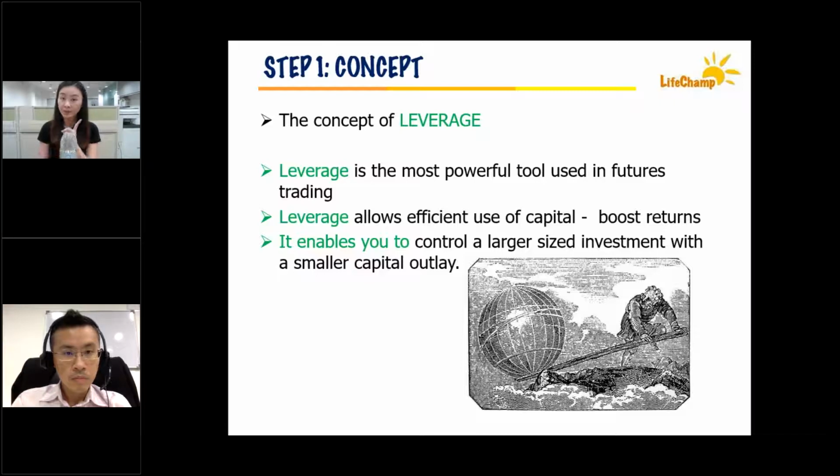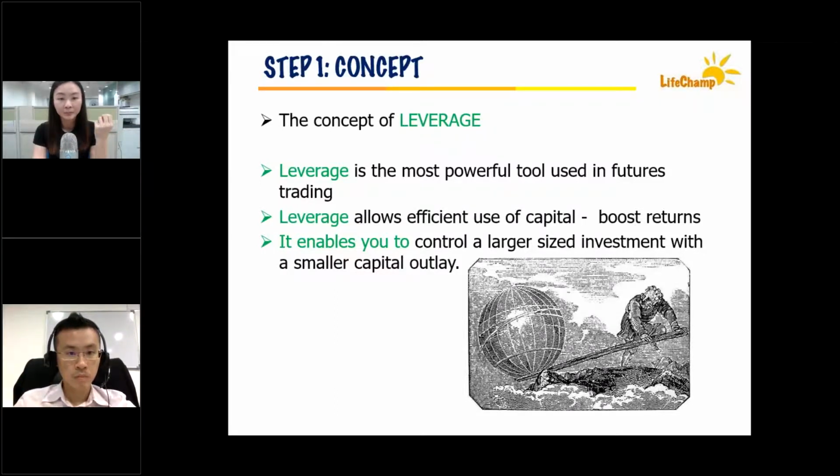I only pay 1 ringgit first until I sell the product. So the concept of leverage is very powerful because it allows us to use capital efficiently, and also boost returns. It enables you to control a larger size of investment with a smaller capital outlay.